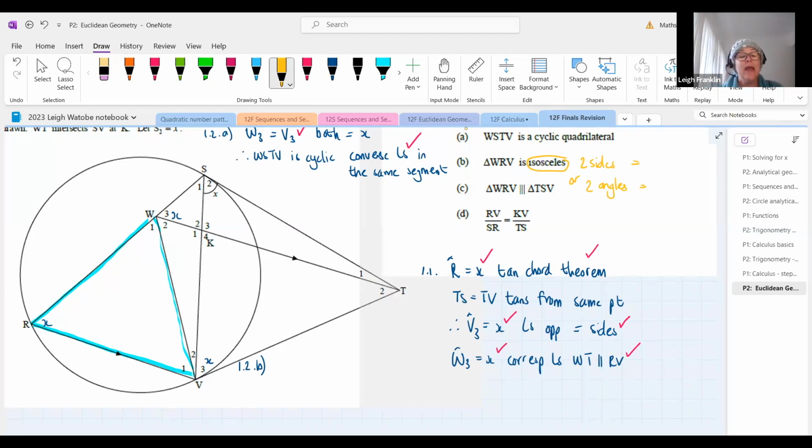All right, so inside this triangle, we already know that R is equal to X. If we can prove that either W1 is X or that V1 is X, then we can prove that there are 2 sides equal to each other because they would be the sides opposite equal angles. So what do you think?